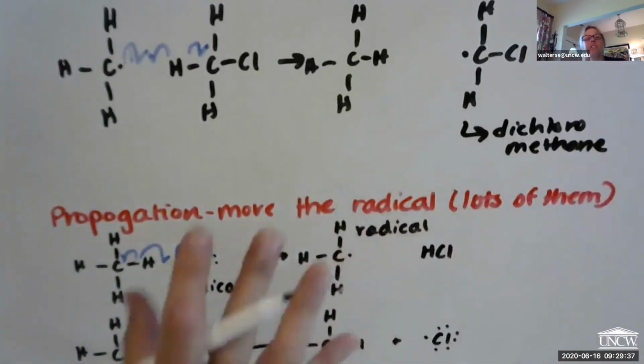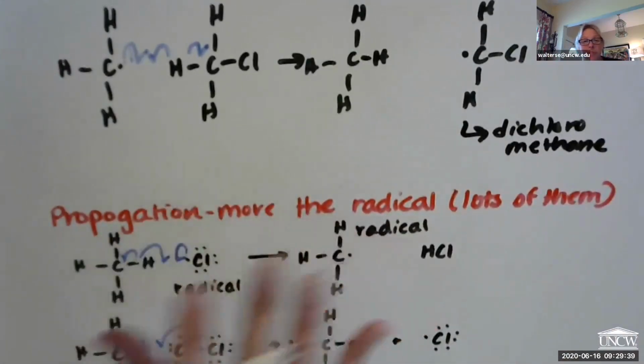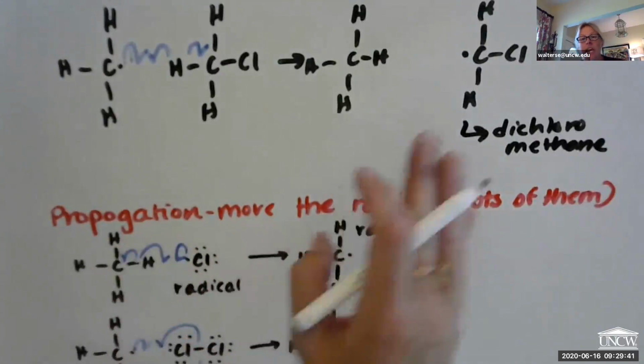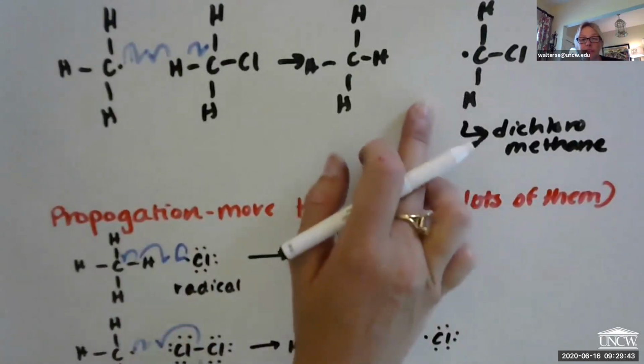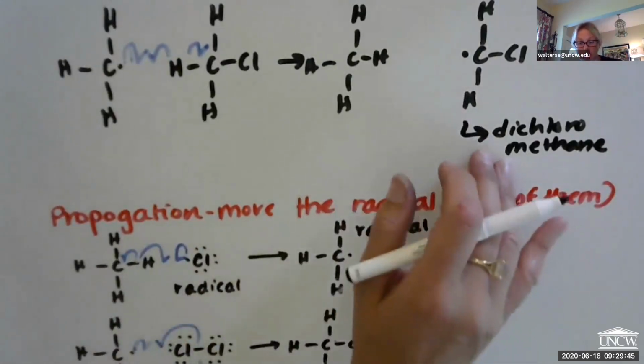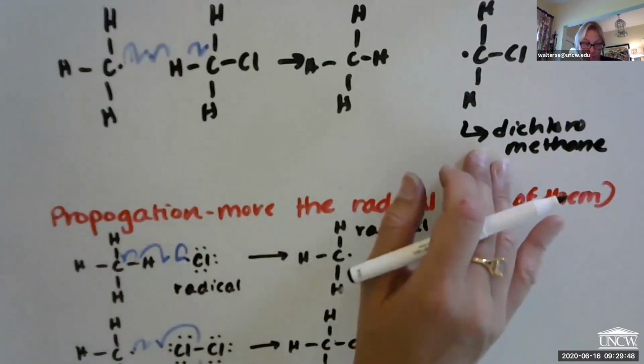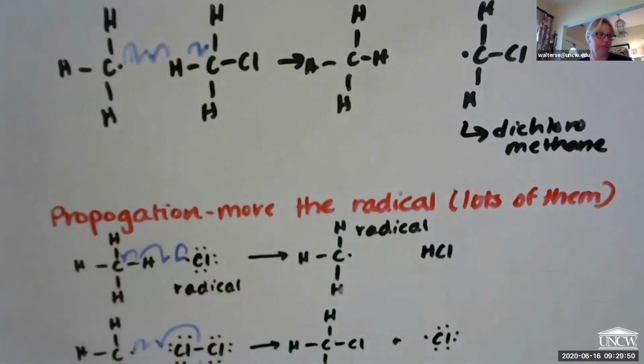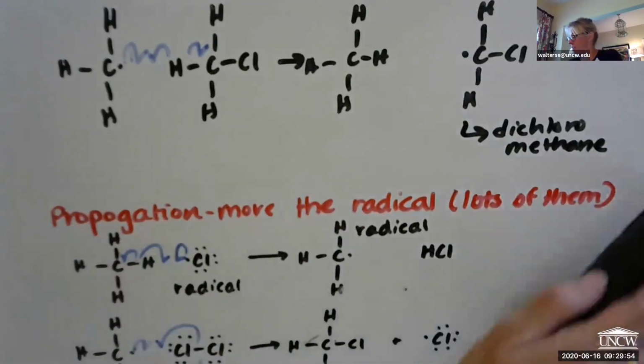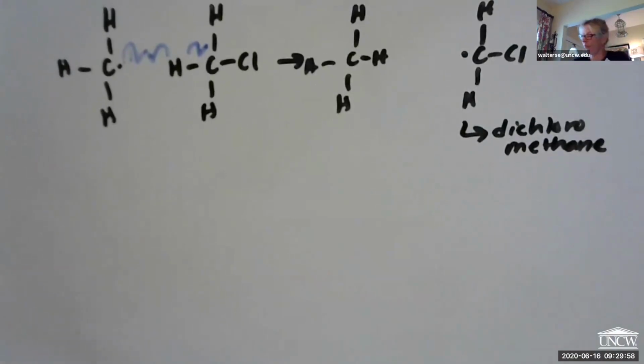So this is where you see with these propagation steps where you lose the control of the reaction, and you can end up generating radicals in the solution that are going to lead to products that you're not particularly interested in. At some point, then, you have to have a termination step.